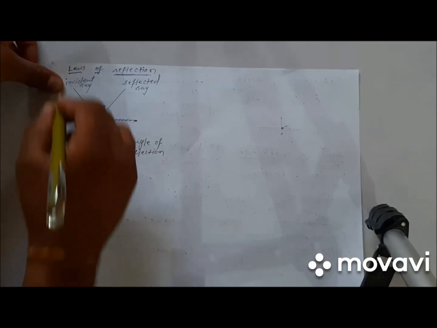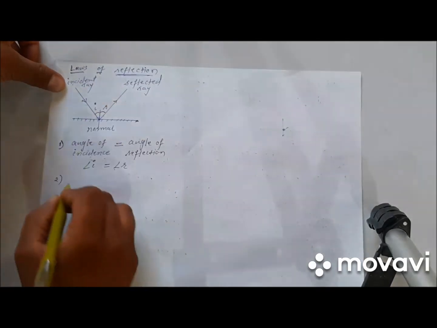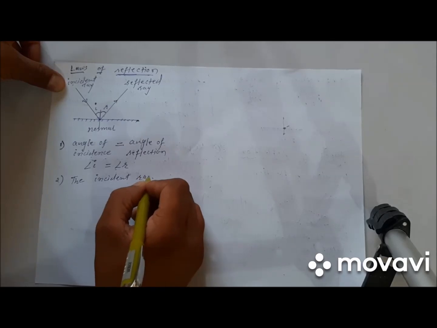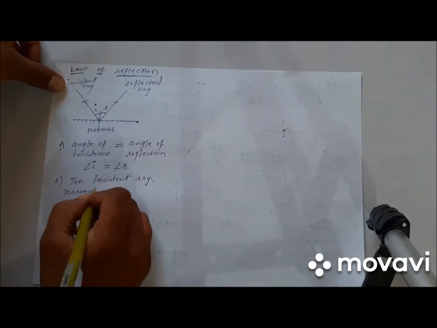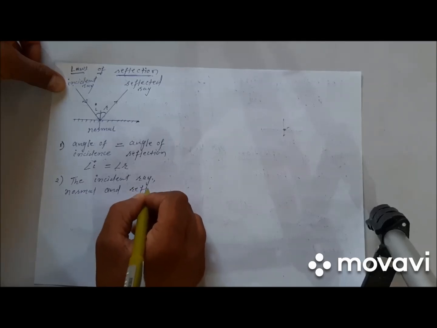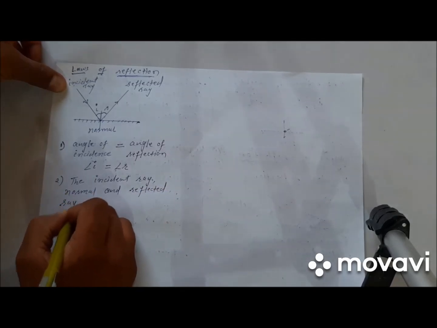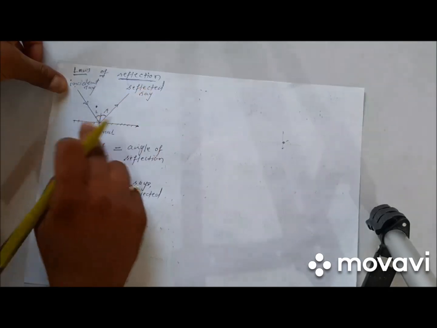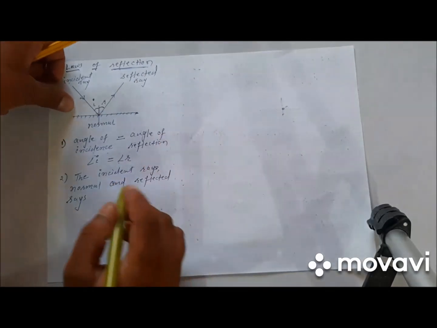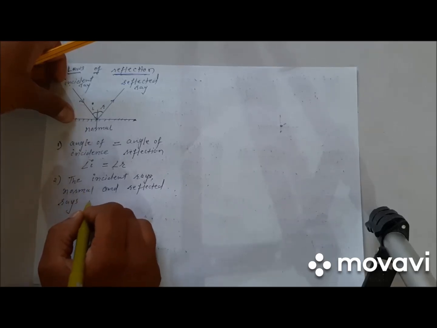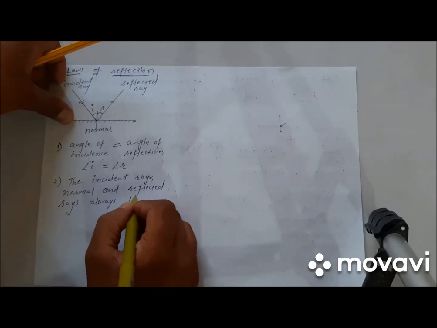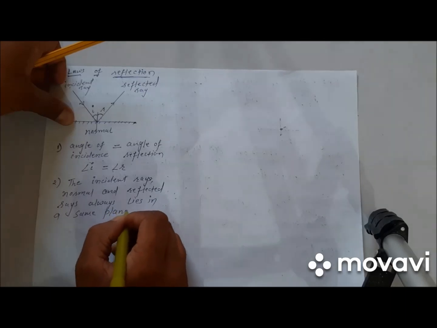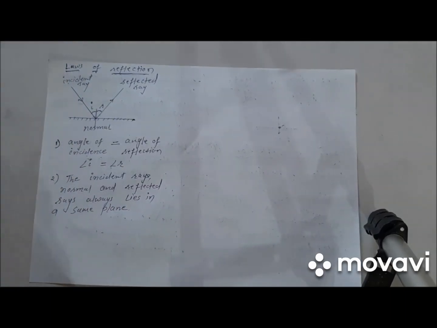And the second law is that the incident ray, the normal, and the reflected ray always lie in the same plane, because reflection is a phenomenon which always happens in the same plane.